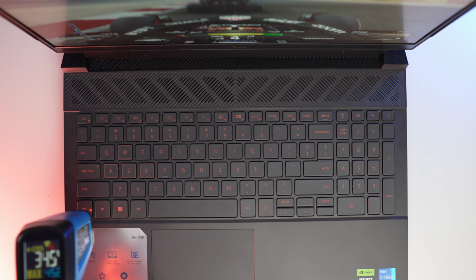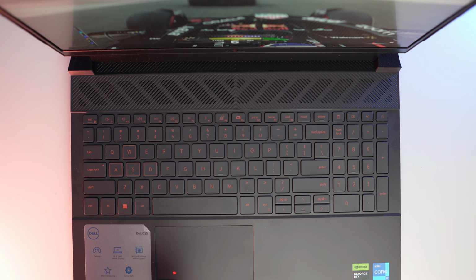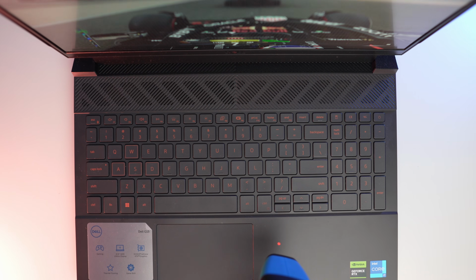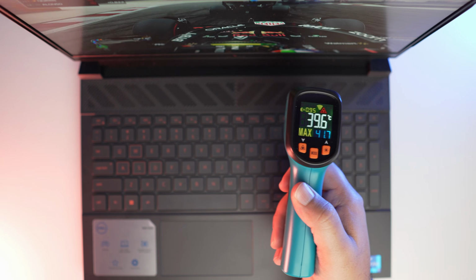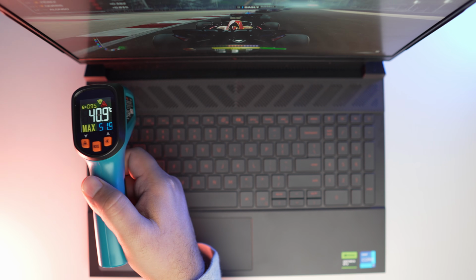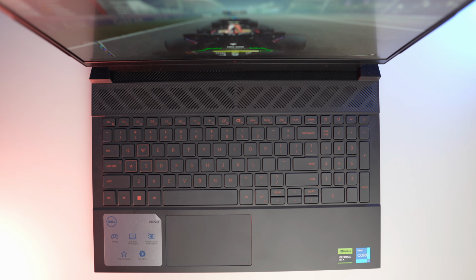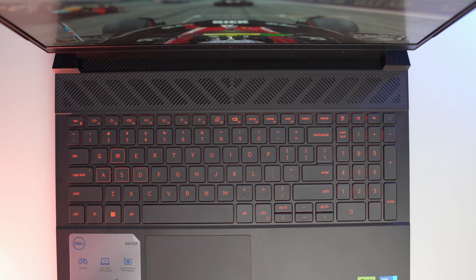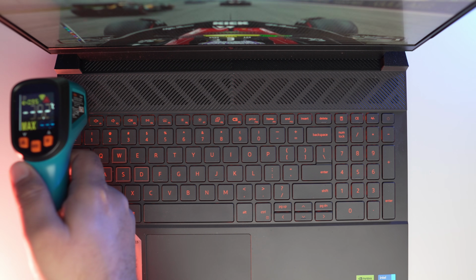You know, we were looking at 50 degrees plus in many laptops on the surface temperatures, particularly where you'd put your WASD keys. So we've gone a long way from those temperatures where it was just simply unplayable for long periods of time, and you'd start to see your fingers being singed. With the exception here of the top strip and of course behind the screen, which is the design language from Dell lately, you will not be able to find any surface temperatures here that will make things uncomfortable.